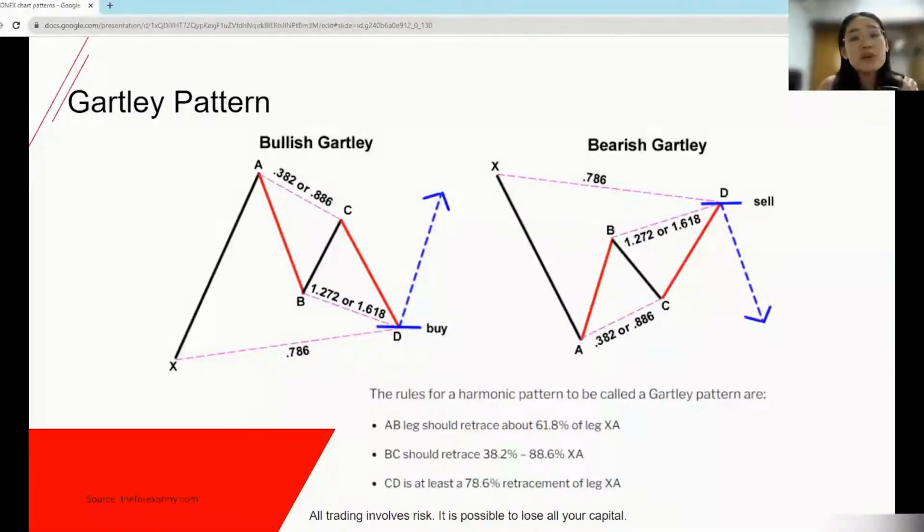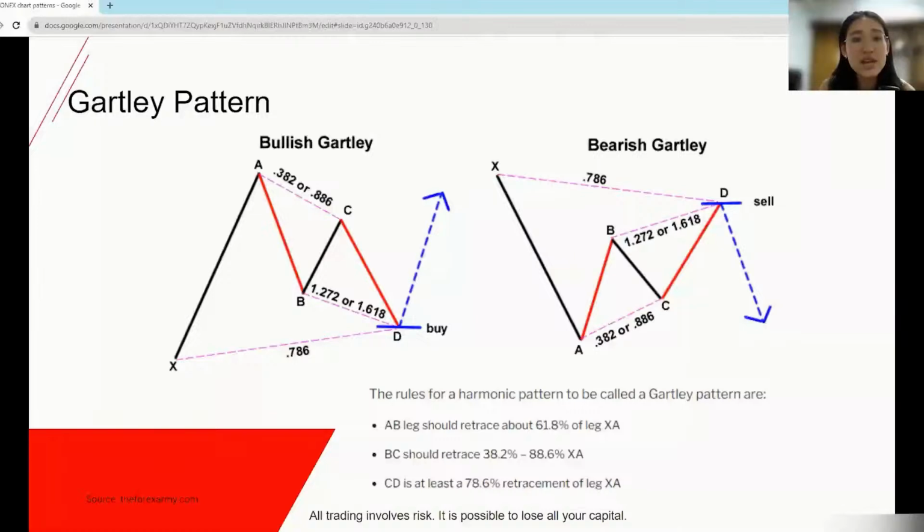Okay, a couple of patterns for you to take note of. We have the Gartley pattern, which is the best known harmonic pattern. After the impulse wave at XA, the corrective leg should end at the 61.8 retracement of XA.